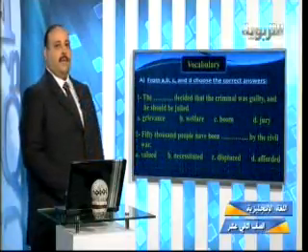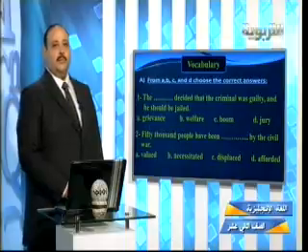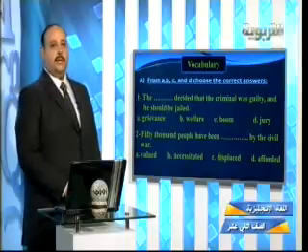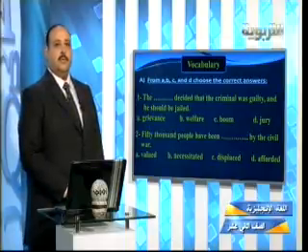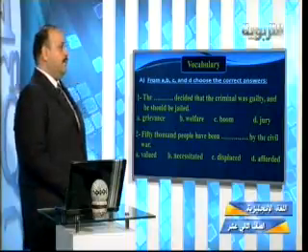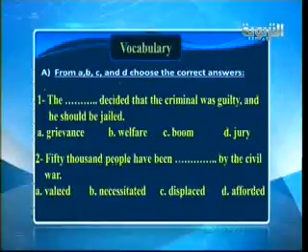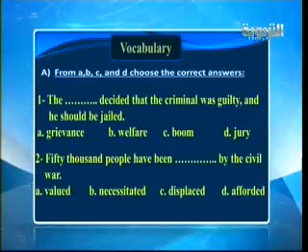Okay, vocabulary. What you study in vocabulary should be stored in your mind. It's all about the meanings of the new words. Now let's see. The first type is you're going to read the sentences and then choose the correct answers. Number 1, the blank decided that the criminal was guilty and he should be jailed.